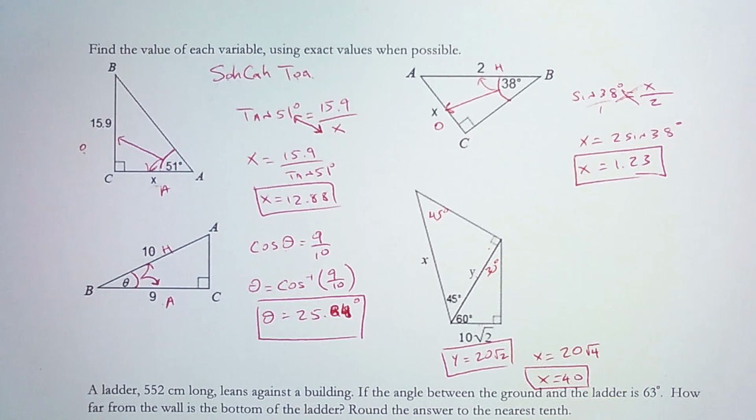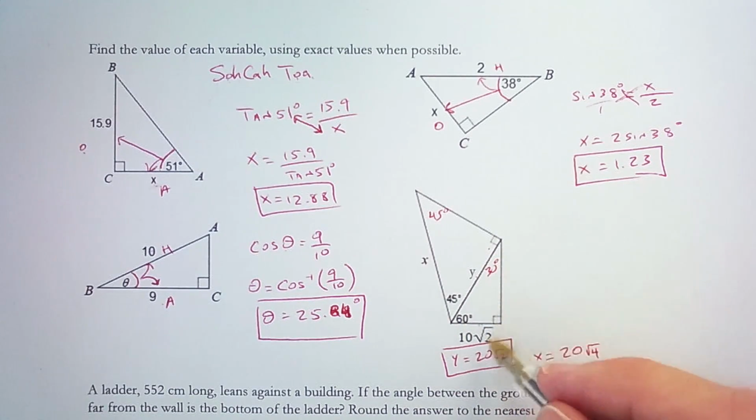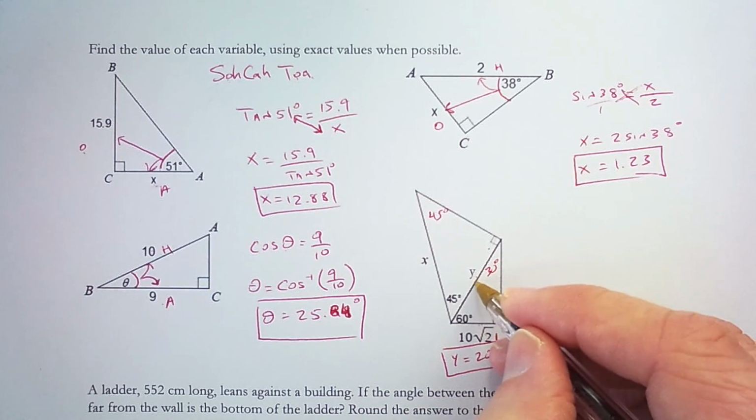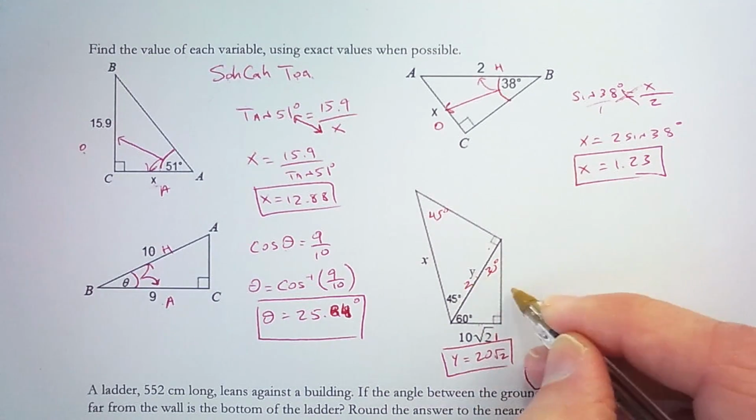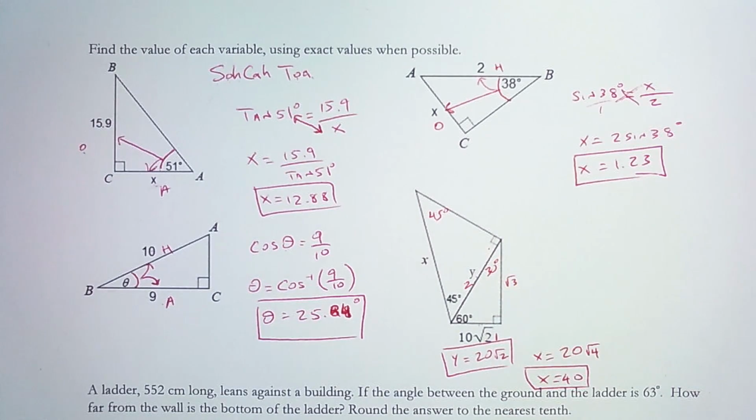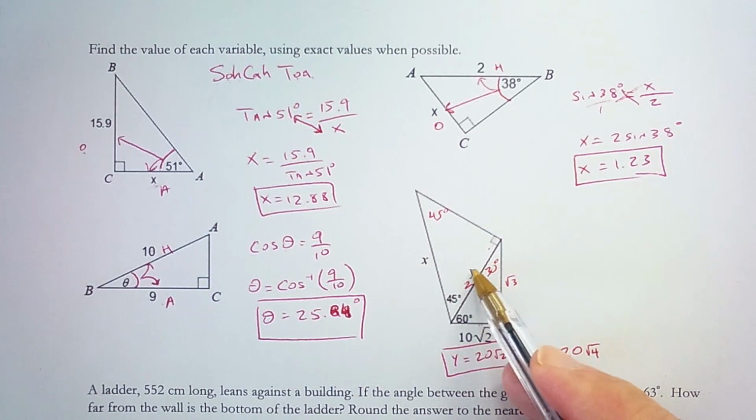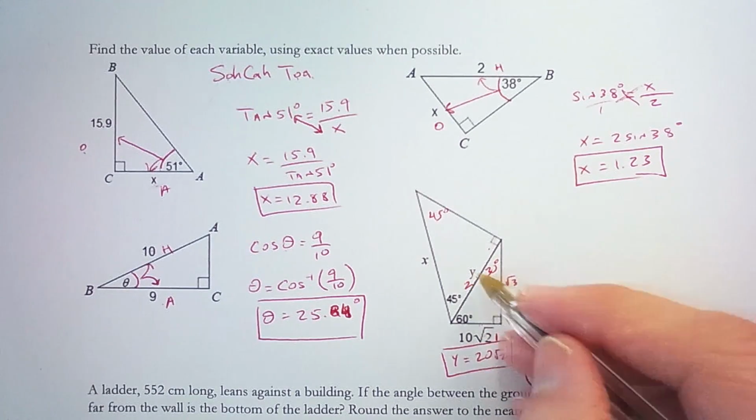Okay, so that's a shortcut way. Now I'm going to show using proportions. So on a 30-60-90, I like to put on the numbers 1, 2, square root of 3. So the shortest leg is 1. The hypotenuse is the longest, that's 2, and the remaining side is square root of 3. Now what I'm looking for here is y, and I'm going to use what I have here to write a proportion.